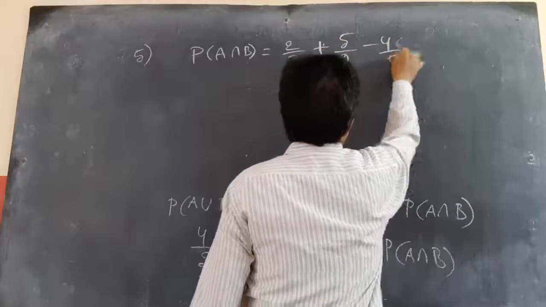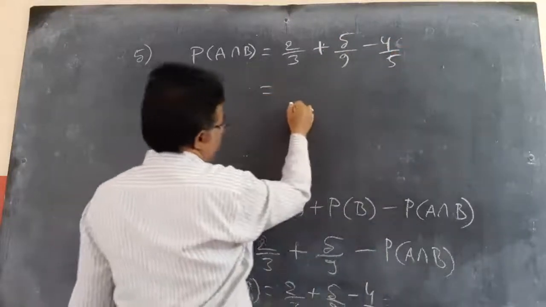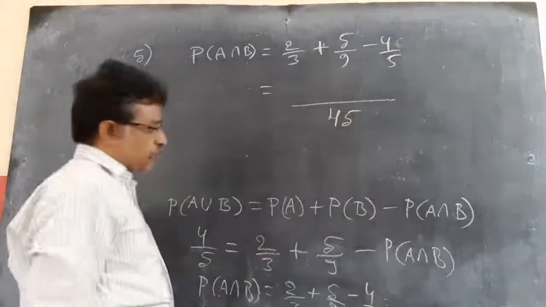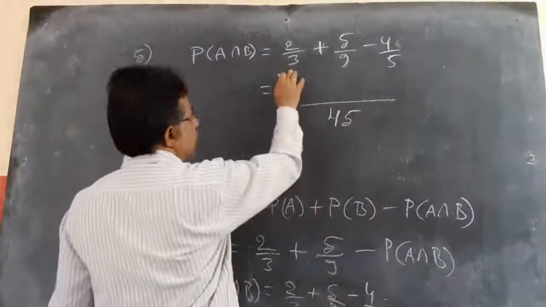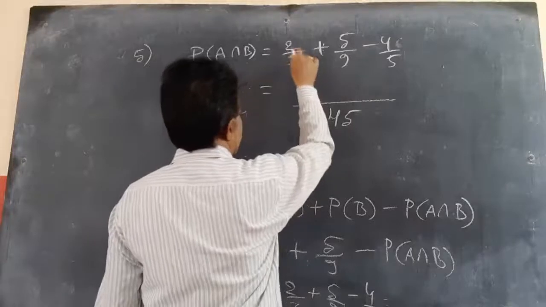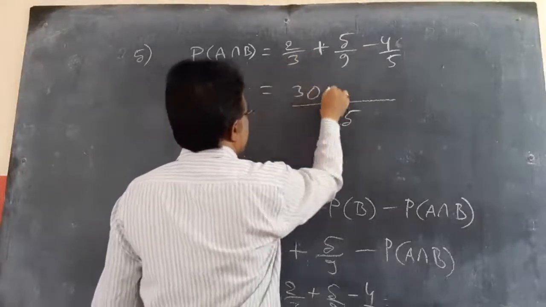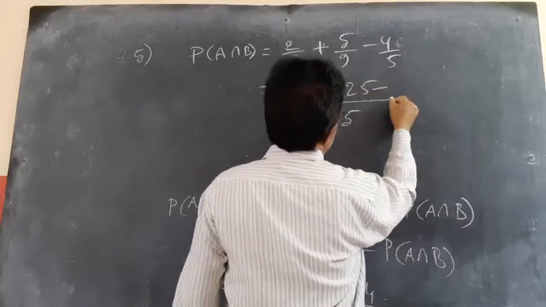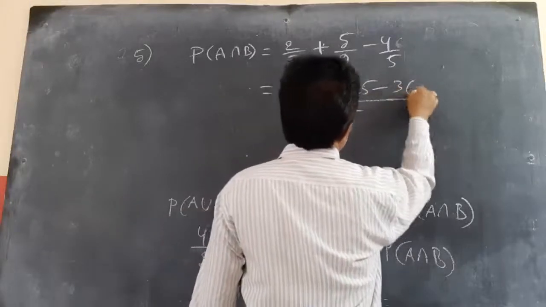LCM of all this is 45. 3 goes 15 times in 45, 15 times 2 is 30, plus 9 times 5... 5 times 5 is 25, minus 5 goes 9 times, 4 times 9 is 36.